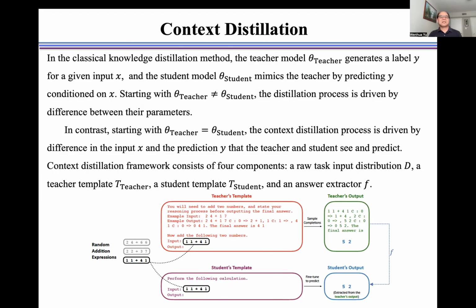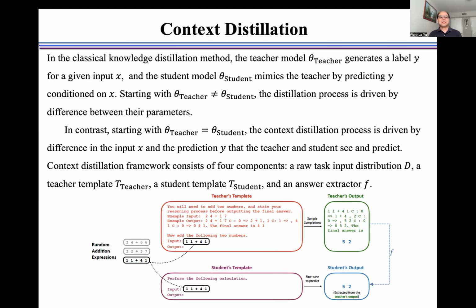In contrast, starting with theta teacher equal to theta student, the context distillation process is driven by the difference in the input X and the prediction Y that the teacher and the student see and predict.